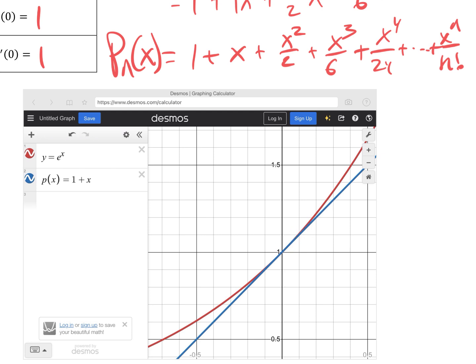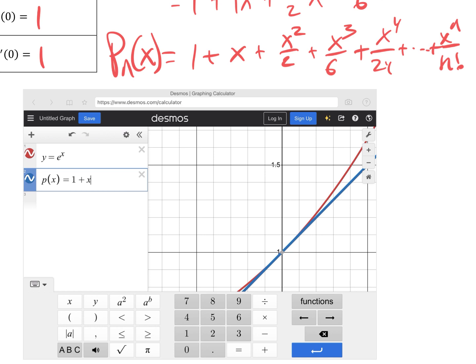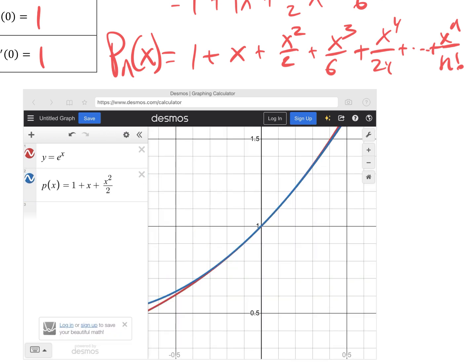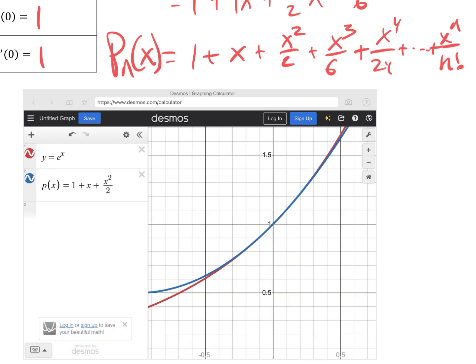And then, all right, if we go plus x squared divided by 2, ooh, look at that fit. Now again, the red is the correct curve. The blue is the approximation. That's fitting pretty good for a little bit more.